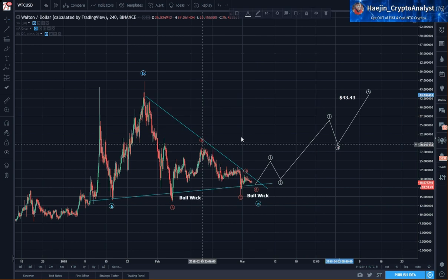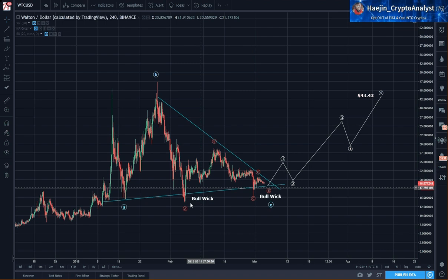For this to occur, the requirement is that this pattern, A, B, C, D, E, gets completed and confirmed. Confirmation will be where the price will breach in an impulsive 1, 2, 3, 4, 5 manner. That would say that the pattern is complete and confirmed.